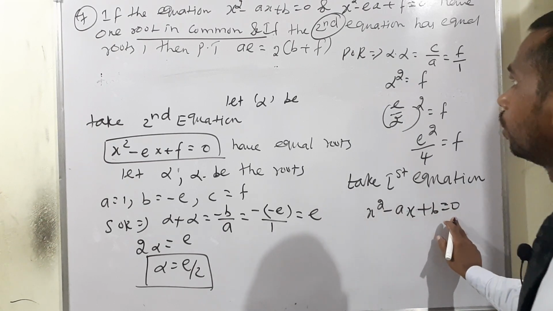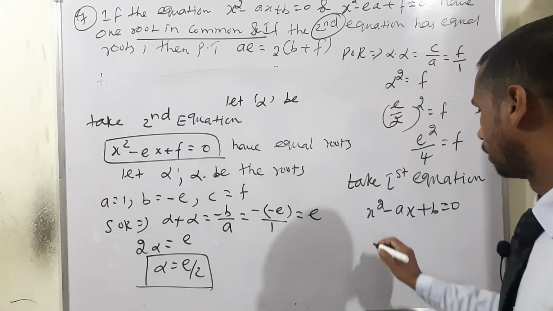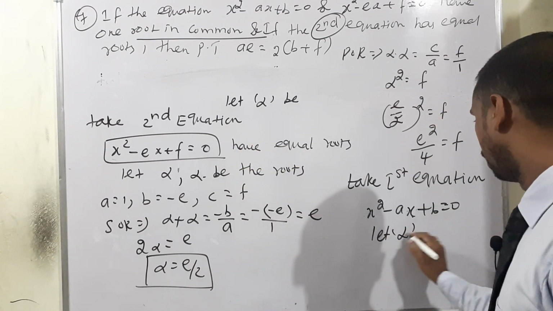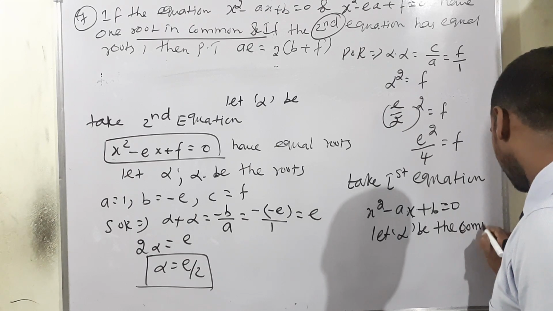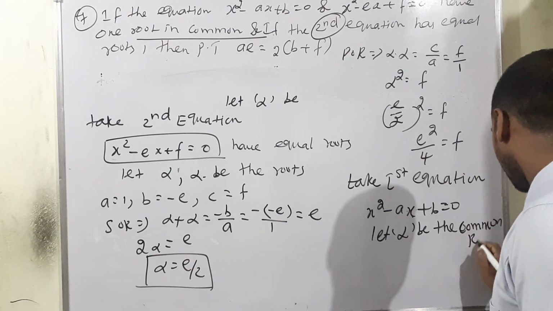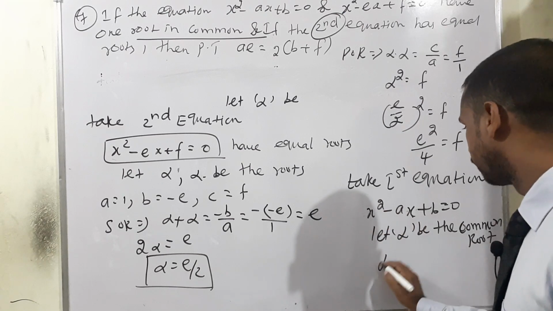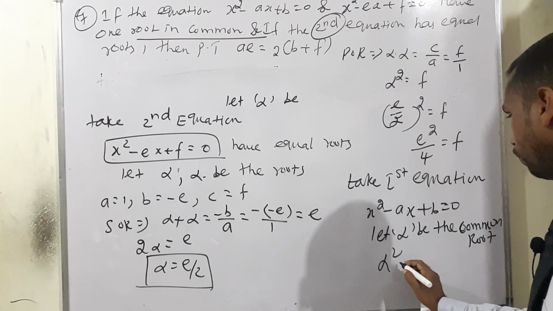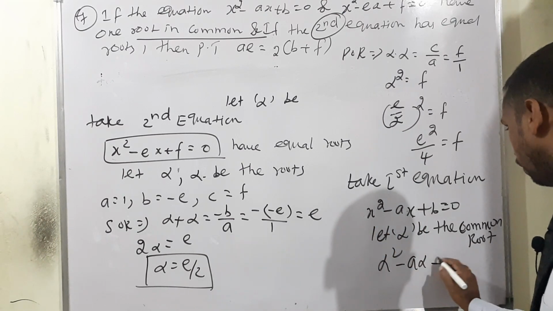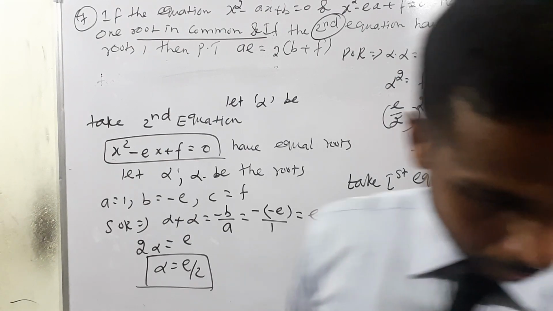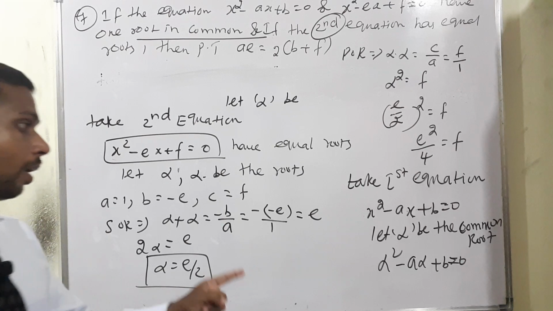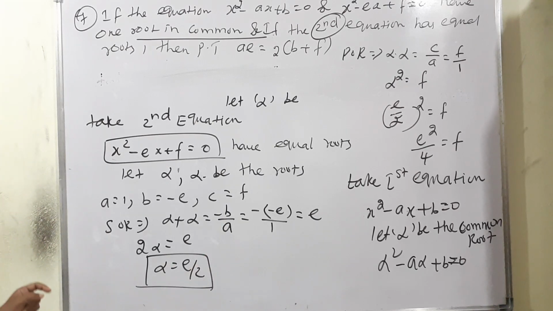Here alpha is the common root. Common root means we can consider alpha instead of x. So alpha square minus a alpha plus b is equal to 0.